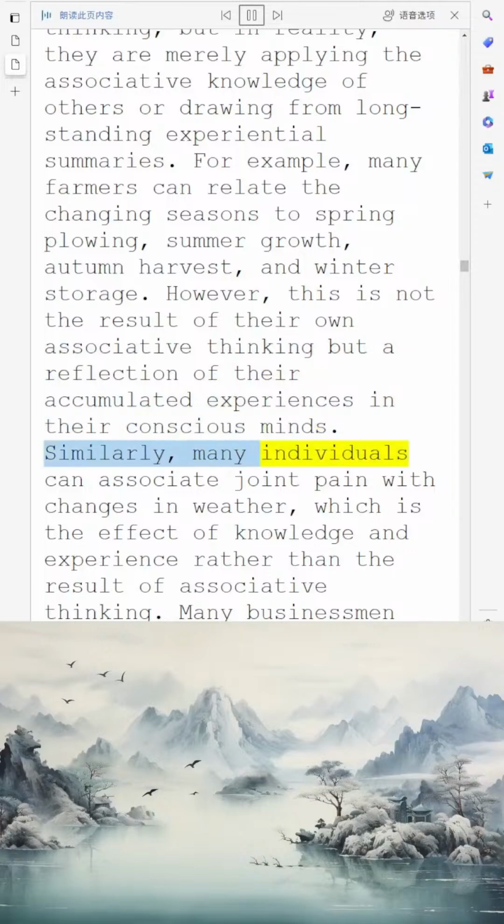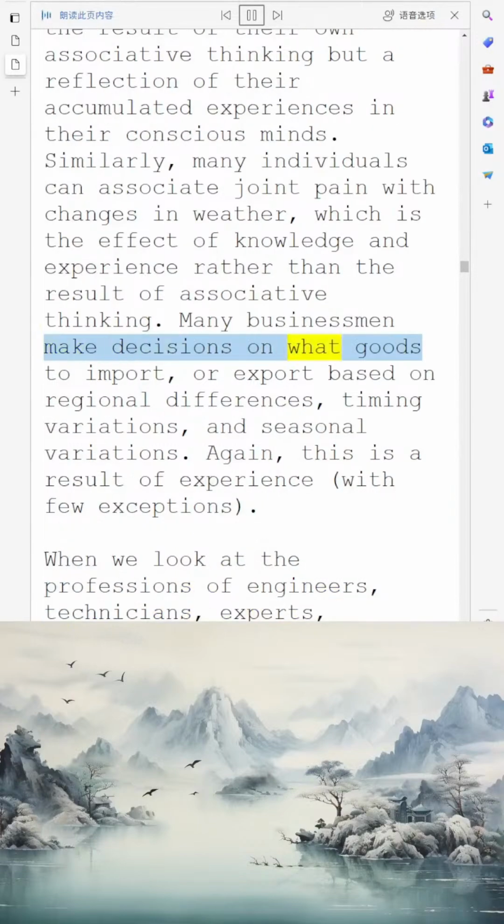Similarly, many individuals can associate joint pain with changes in weather, which is the effect of knowledge and experience rather than the result of associative thinking. Many businessmen make decisions on what goods to import or export based on regional differences, timing variations, and seasonal variations. Again, this is a result of experience, with few exceptions.